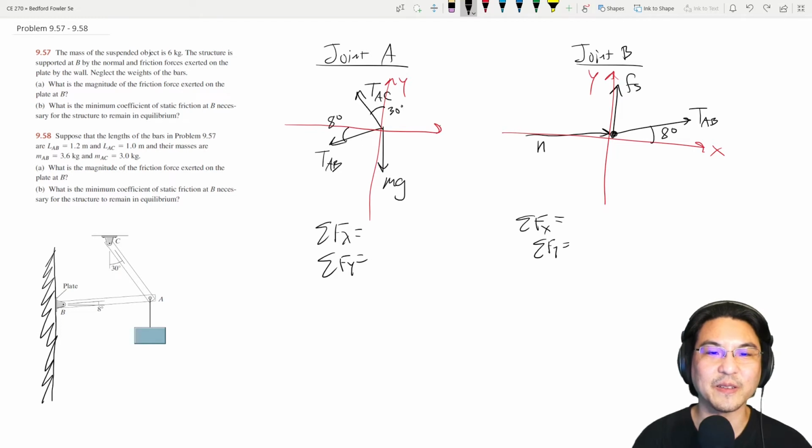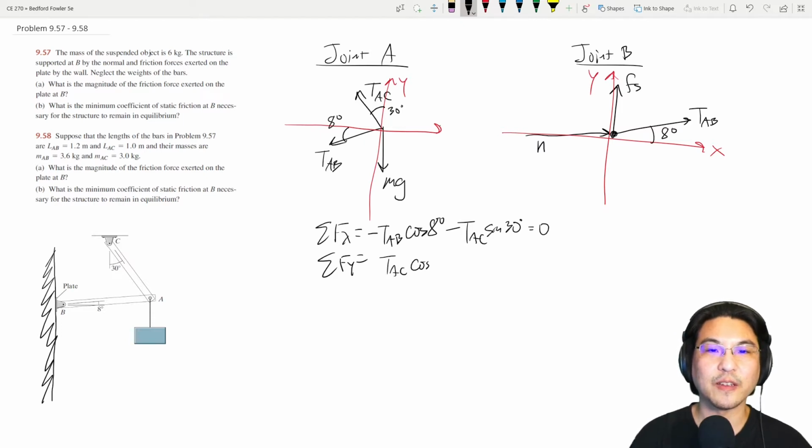In the x direction: minus TAB cosine 8 minus TAC sine 30. And that's it. In the y direction: TAC cosine 30 minus TAB sine 8 minus mg.